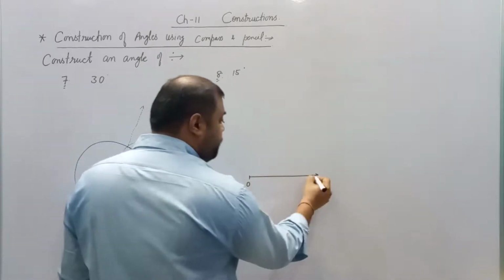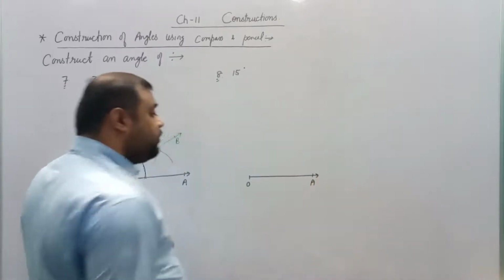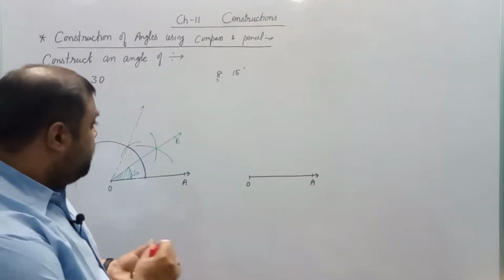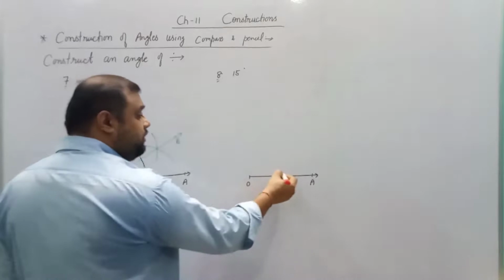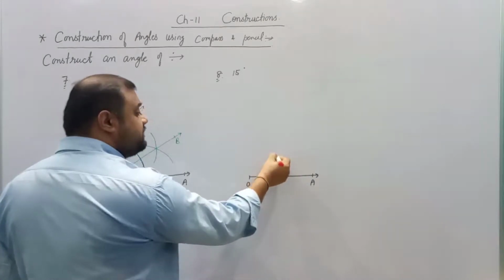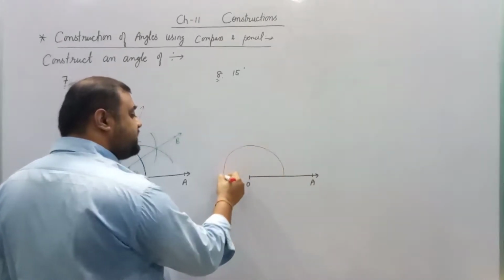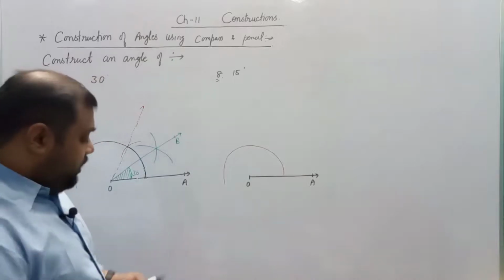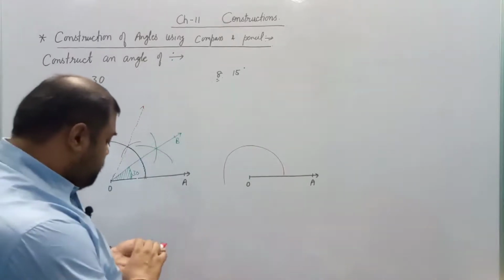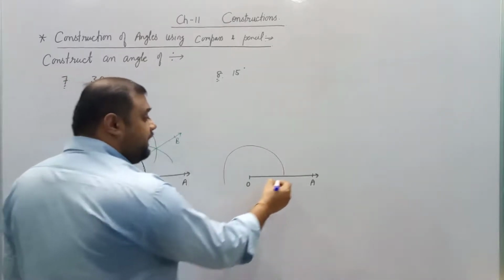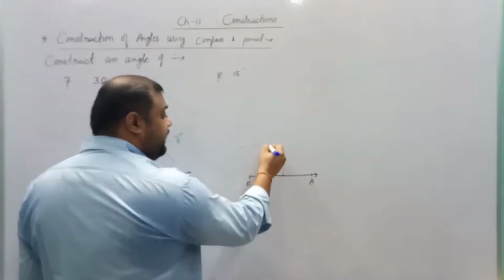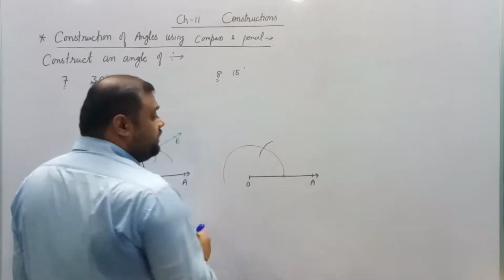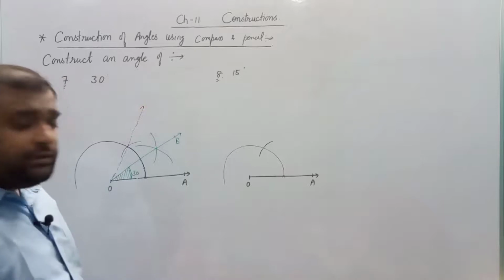Draw a ray OA of any length, taking O as center and with any radius draw a semicircle. Taking this point as center and with the same radius construct an angle of 60 degrees.